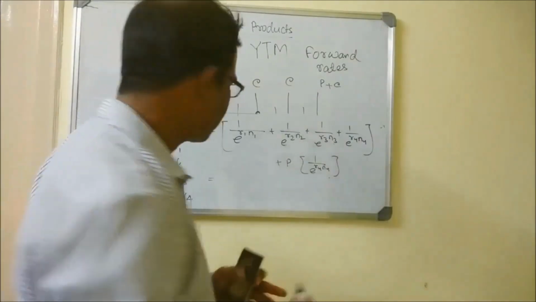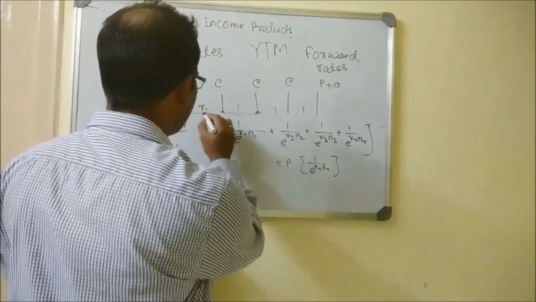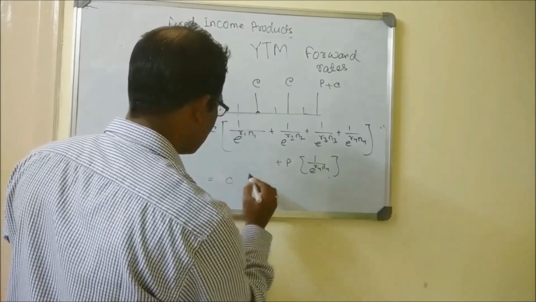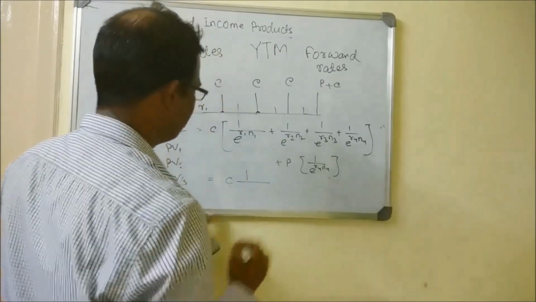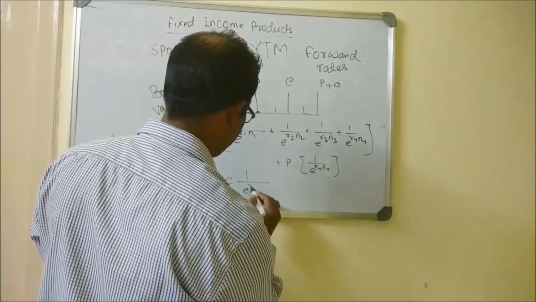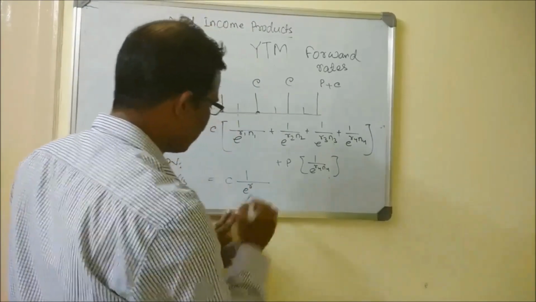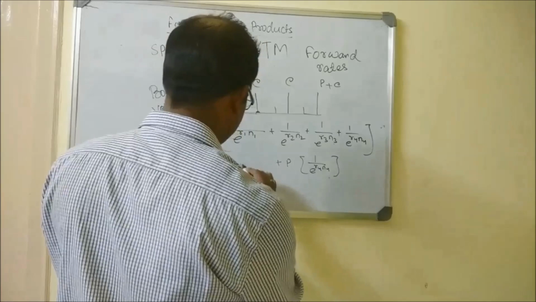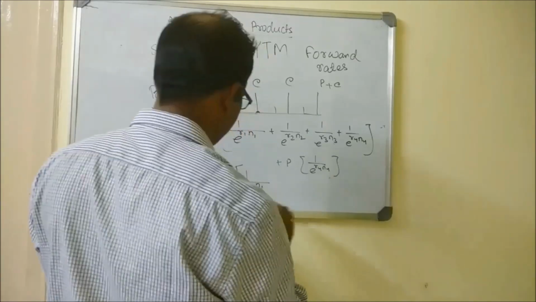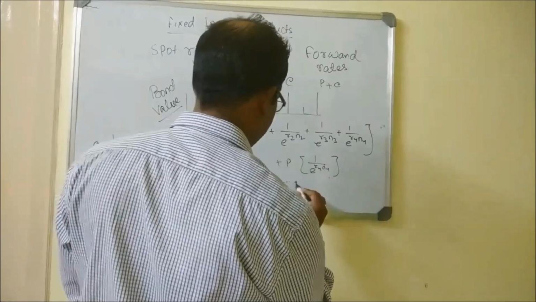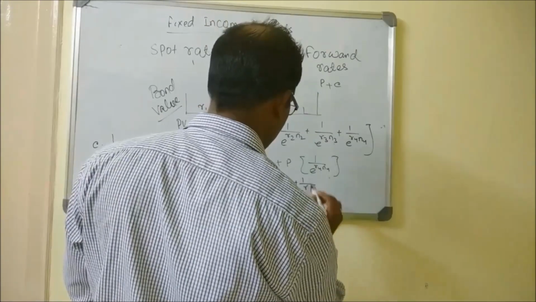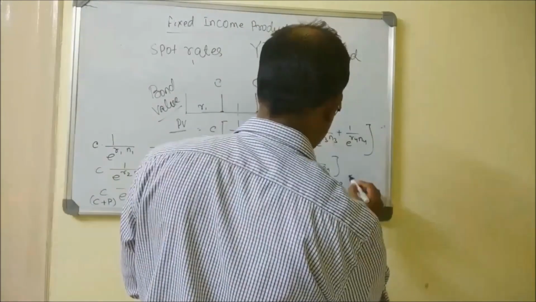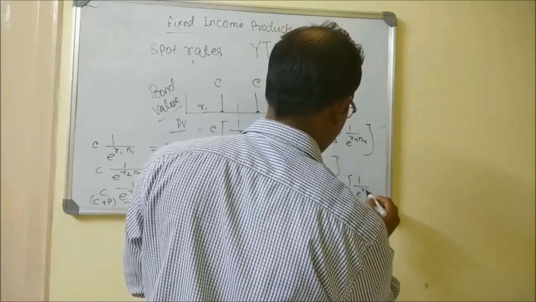So theoretical interest rate will give, let's say there is only one rate, and so what will happen is that C into 1 upon e to the power R is the common I am saying, and N1 will remain like that, plus similarly plus 1 upon e to the power R N4 plus P 1 upon e to the power R N4.